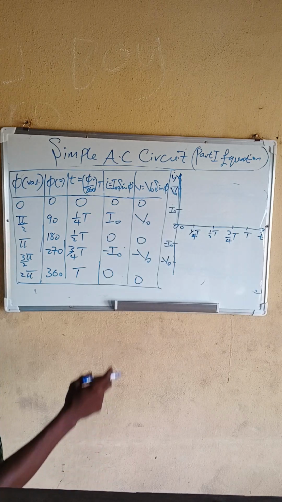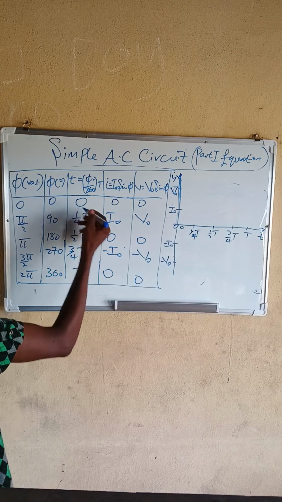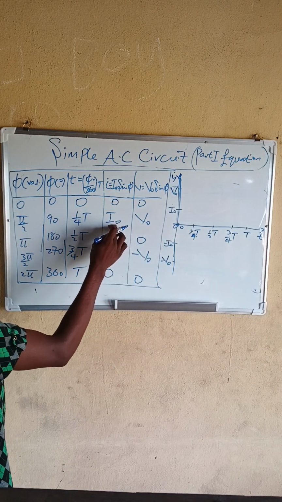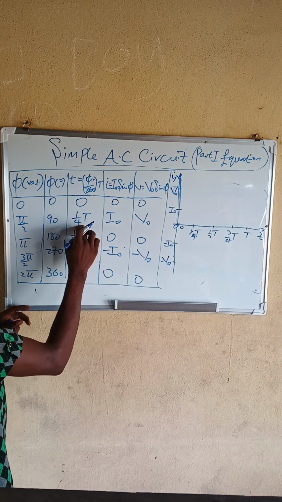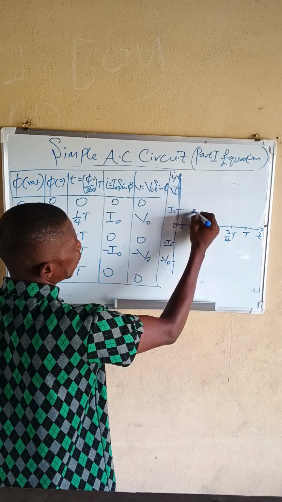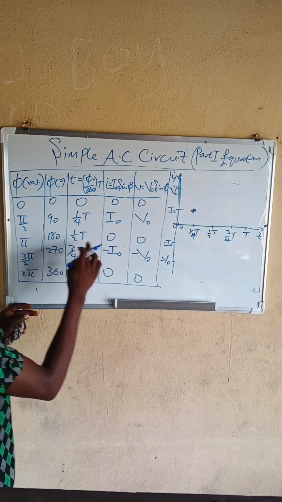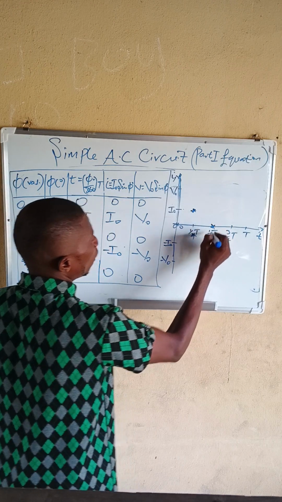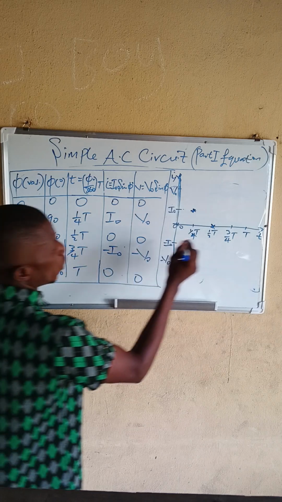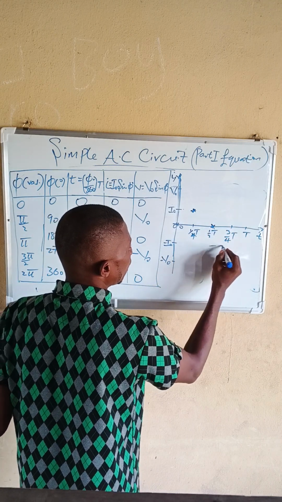Now watch. I'm going to plot this now against this. When I is 0, T is 0, which is somewhere here. When I is I naught, T is 1/4 T, meaning that it's like this. If you trace it, you're going to have it somewhere here. When this one is 0, this is half T, which is here. When this is negative, you're going to have negative of I naught, which you trace like this.